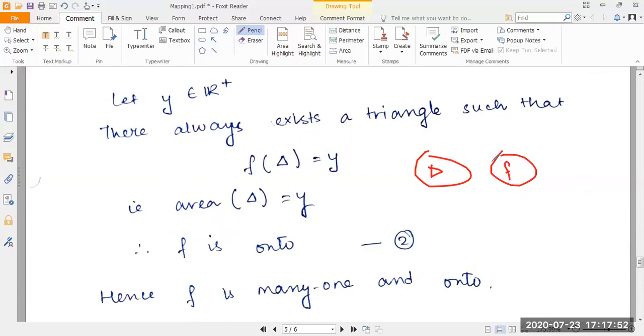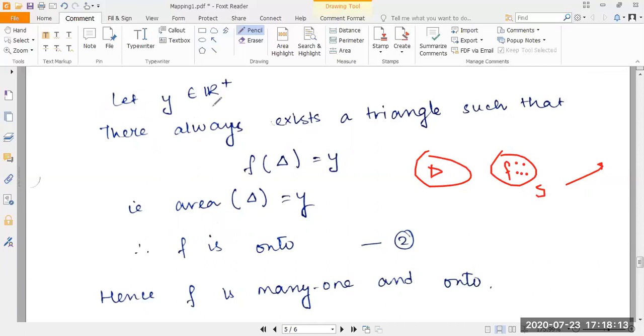We need to show that for every real number in this set, there exists a triangle whose area is equal to this number. So if we have 5, 6 and all the real numbers, there will always exist a triangle whose area will be equal to that real number.